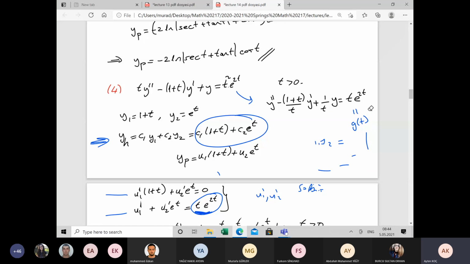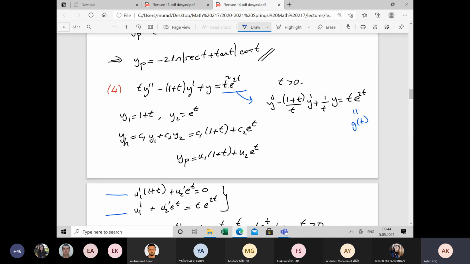Now, the second part of our question: find the particular solution. We can write the particular solution of the non-homogeneous equation by writing u1 and u2 instead of C1 and C2.